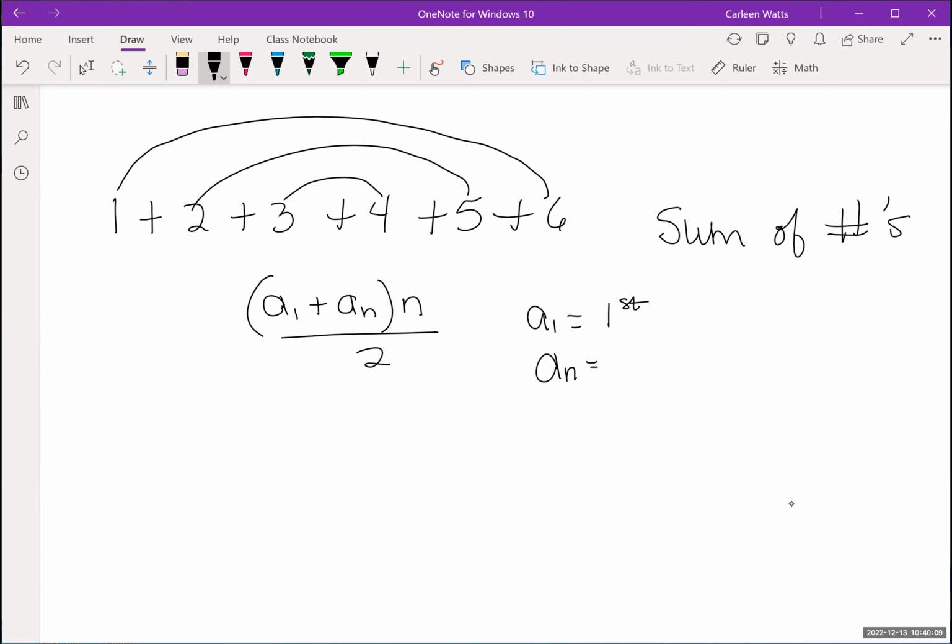A sub 1 is the first term. A sub n is the, thank you, last term. And n represents the, what do you think n? Ooh, good try. N is the number of terms.